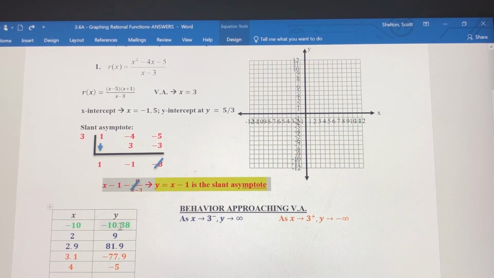So I'm going to plot that point here in a second when we graph this. On the positive side, let's plug in 10. And when I plug in 10 to the function, I get 7.86, okay? The graph will approach that slant asymptote on the extremes just like when we were graphing with horizontal asymptotes, okay? So we're going to use this table of values and the information that we've got here to graph this function.